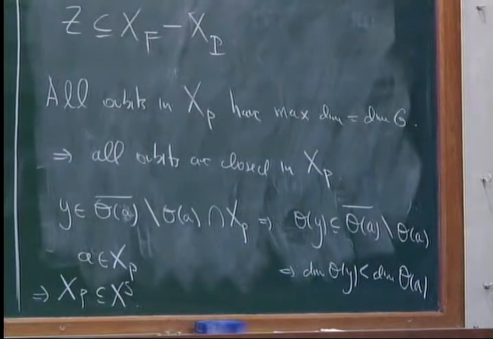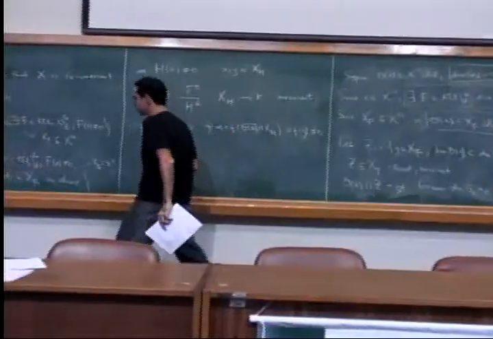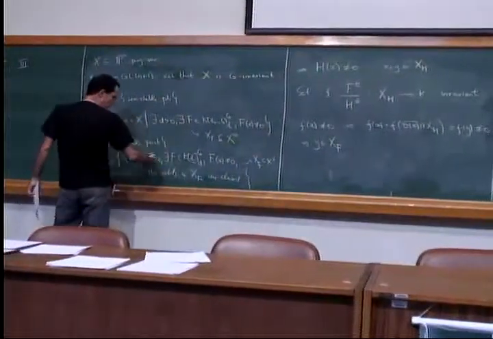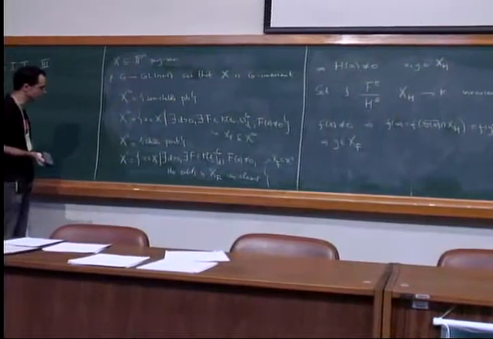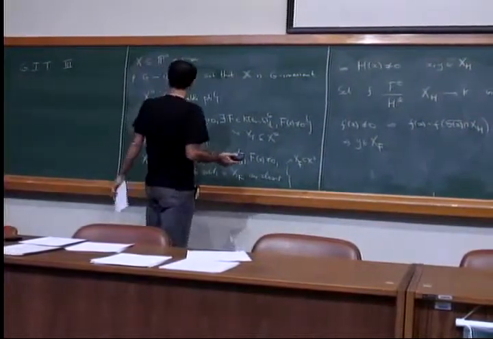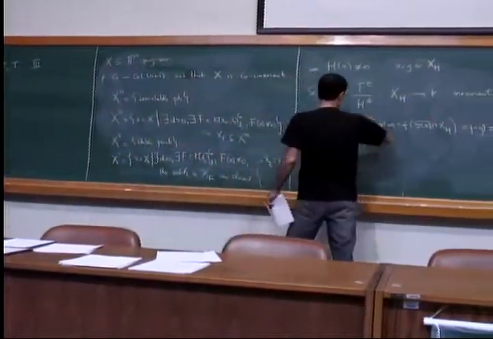Now this set of points is easier to deal with because we don't have to check all the orbits around the point. We just have to check that the orbit of that point is closed. Right? So let me give you a definition.